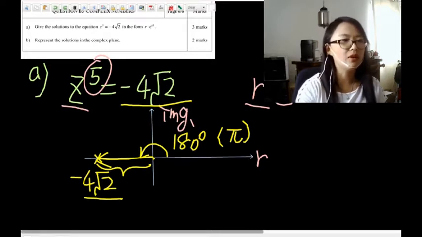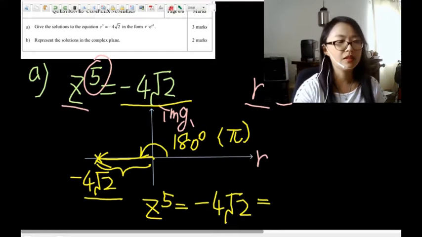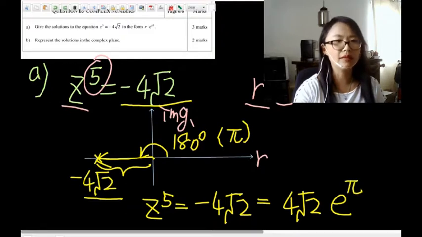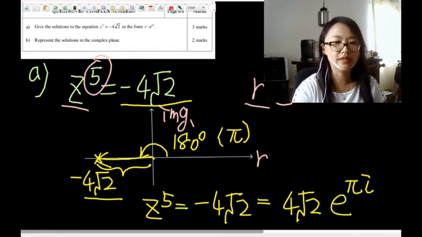So now we have successfully transferred this number into exponential form, or Euler's form. First, the r, we write the magnitude, and then times e to the power of pi i.